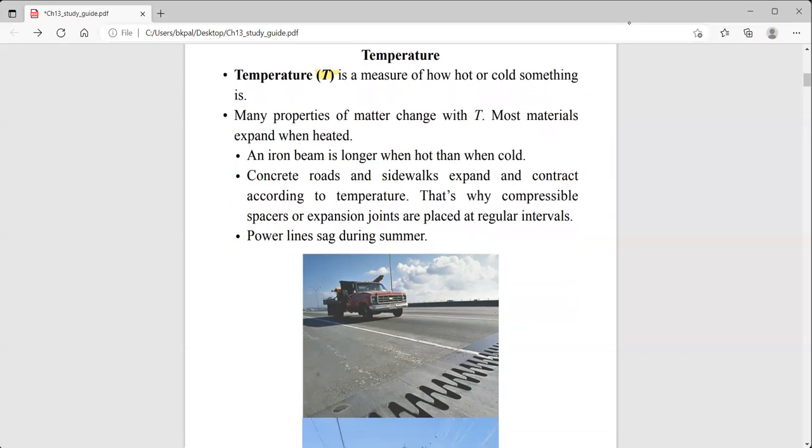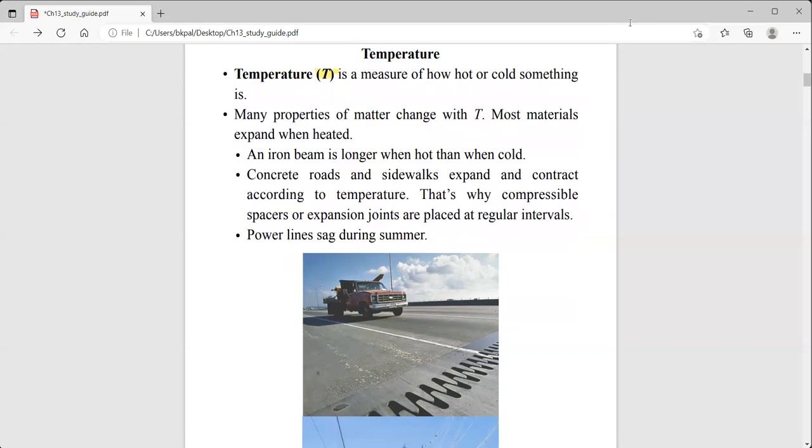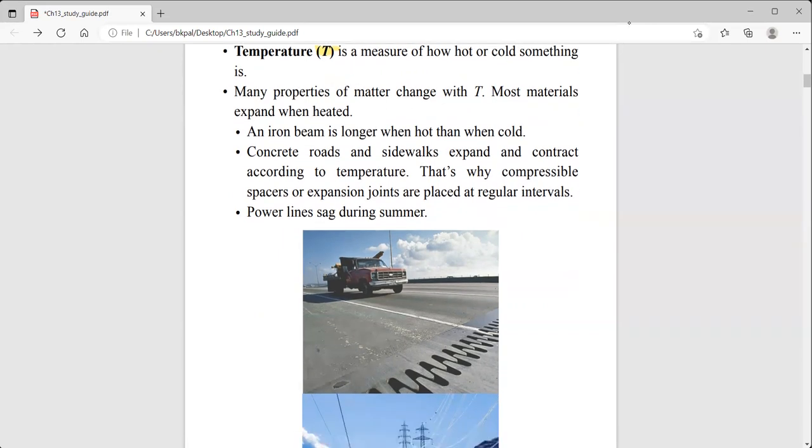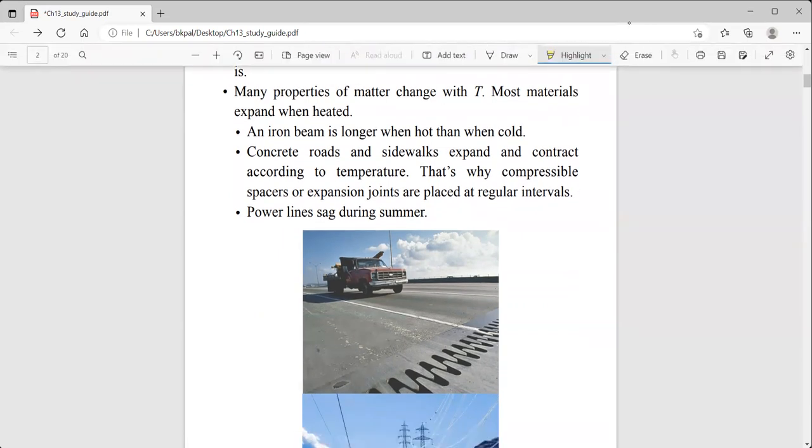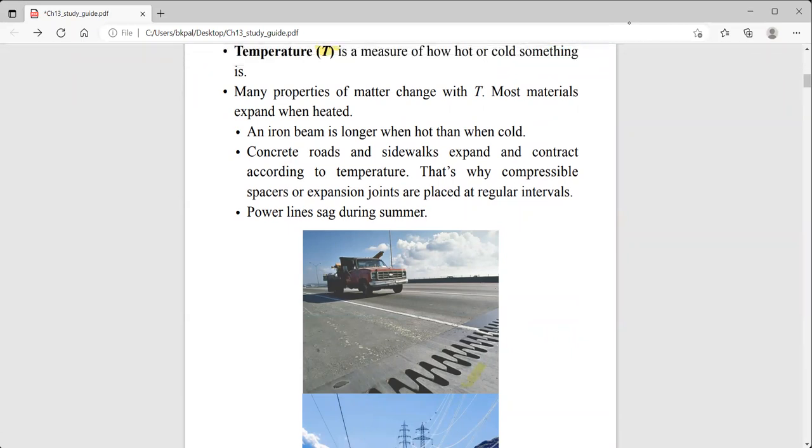You probably see this kind of spacer in a highway or in a bridge, also called an expansion joint. These are actually used to avoid destruction due to temperature change.